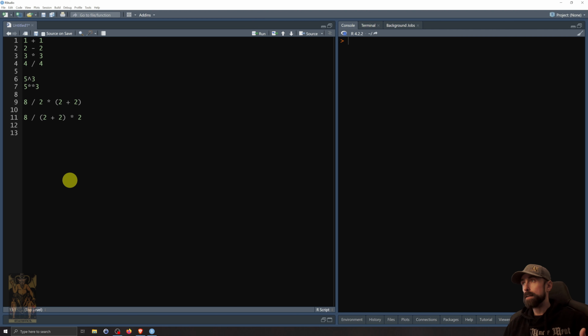Now, suppose you need to divide and you run into a situation where numbers aren't able to be divided evenly. So for instance, let's suppose you have 11 divided by 2. When you run this, you can see R straightforwardly spits out a value of 5.5.